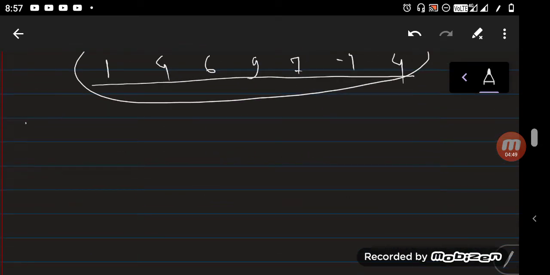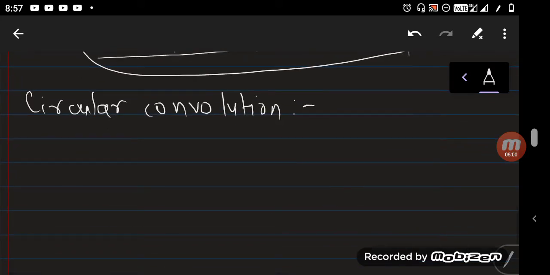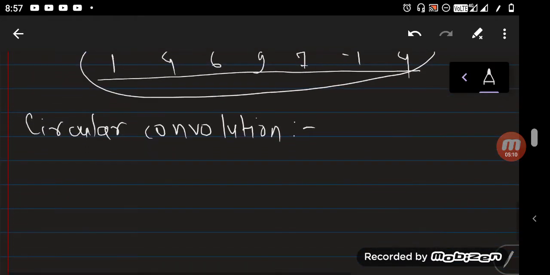How to find circular convolution? Again there are two methods. First, you find the linear convolution, then add the aliasing to it to find the circular convolution. Suppose we have found the linear convolution 1 4 6 9 7 minus 1 4.